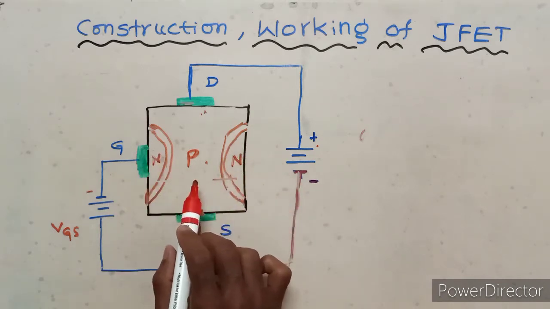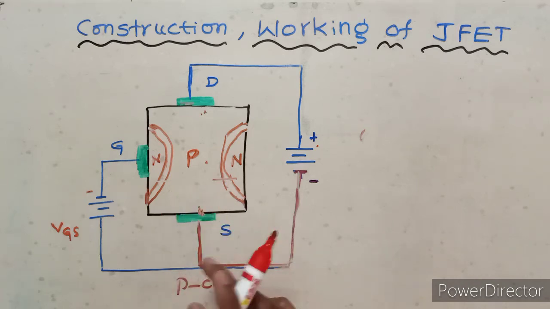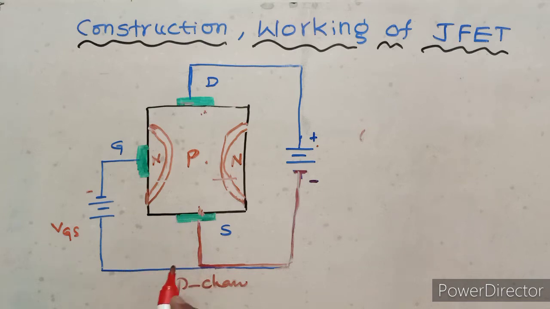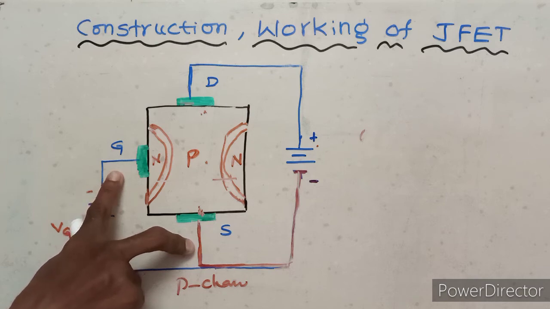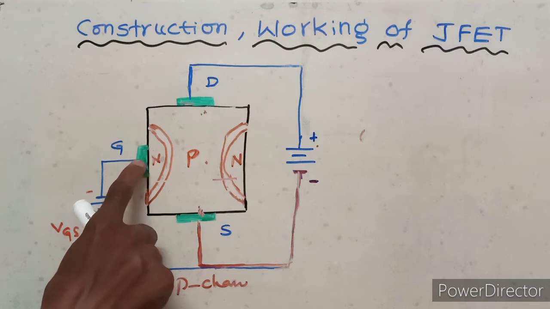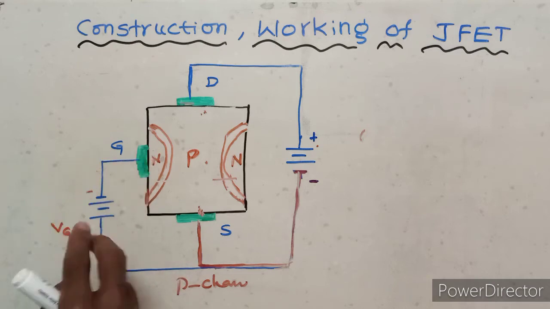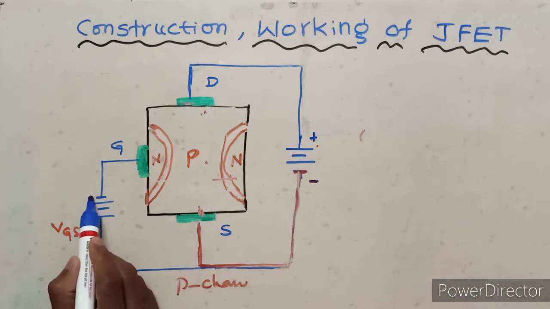Only the majority charge carriers conduct here. The main thing is that the voltage between gate and source is connected in reverse bias. So this is the negative, and this negative is connected for reverse bias.